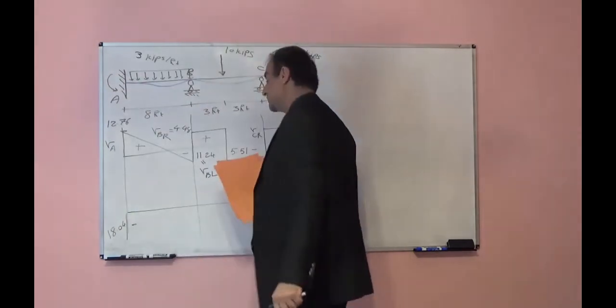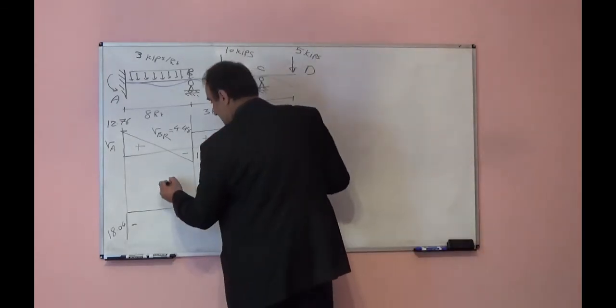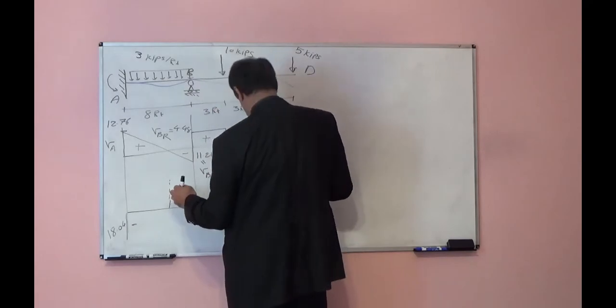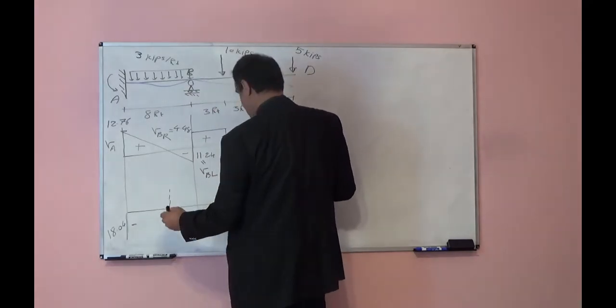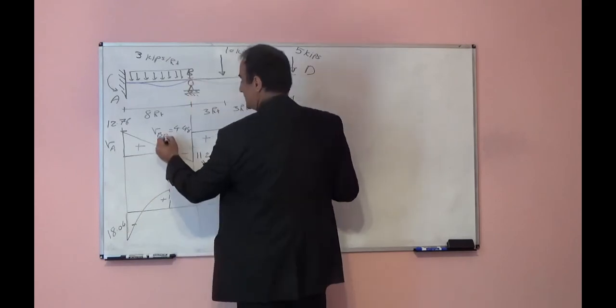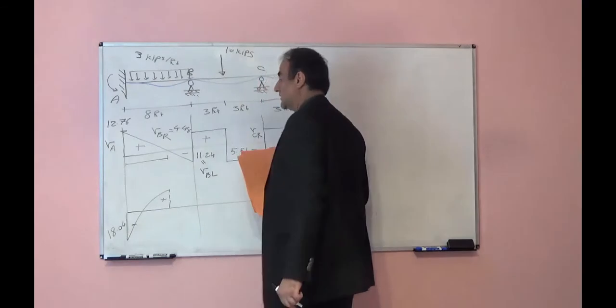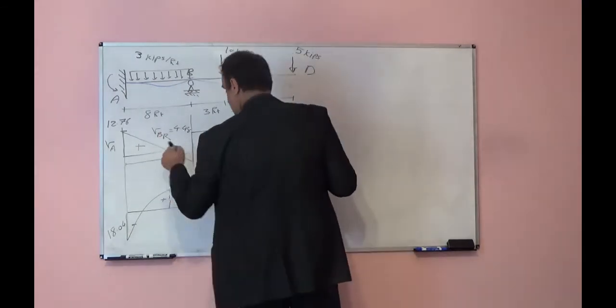This is distributed load, so moment diagram will be curve shape. Here should be reached to the maximum, and maximum you can find it positive. You will find this 0 point, and you will take moment for left part with respect to here.